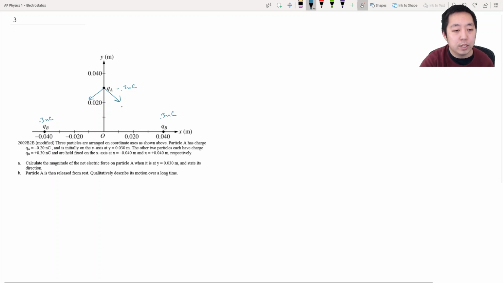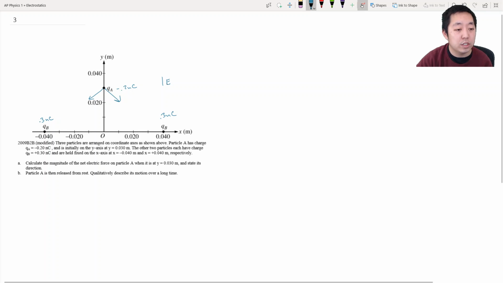But I'm going to do it as an exercise to compute what the actual angle is, because in a more difficult problem, perhaps you don't know where the angle is, and you may want to know what the force in the x and y direction might be. The way you would compute the angle is just from this triangle. You just know the distances here. But okay, so let's first compute the magnitude of the electric field.